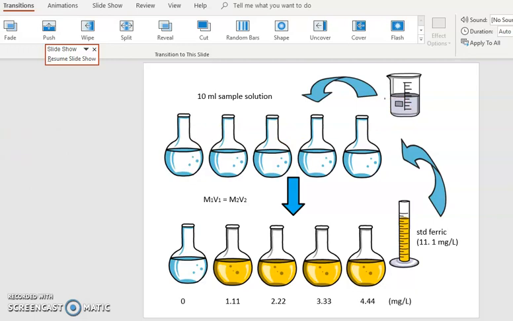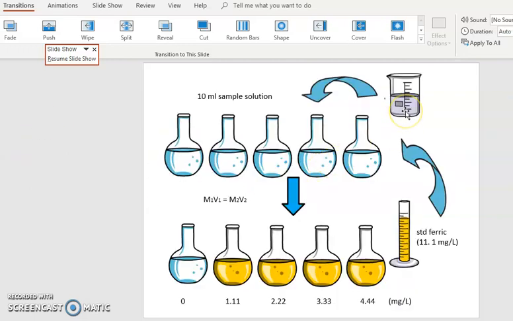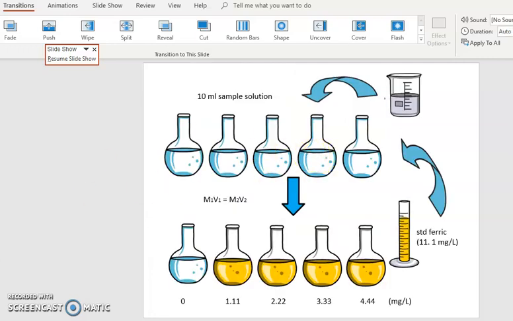Based on the example here, the iron was measured using an atomic absorption spectrometer. Before we measure the concentration of the iron that is present in the sample, we have to go through some sample preparation.